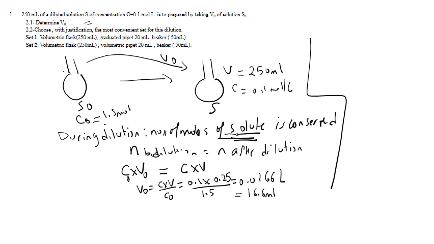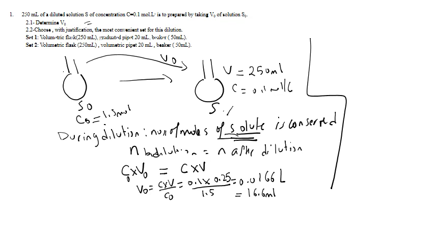Volumetric flask, you should choose it according to the volume of the solution to be prepared or to be diluted, the volume of solution S. Volumetric flask is 250 milliliter, since we are preparing a solution of volume 250 milliliter, so it is correct.